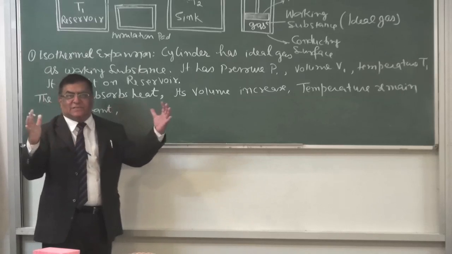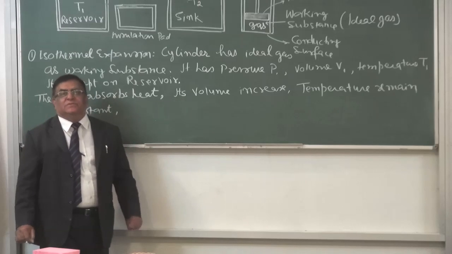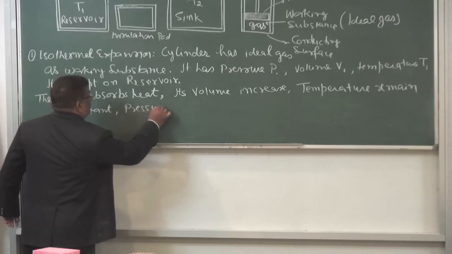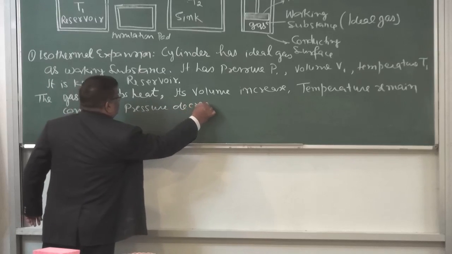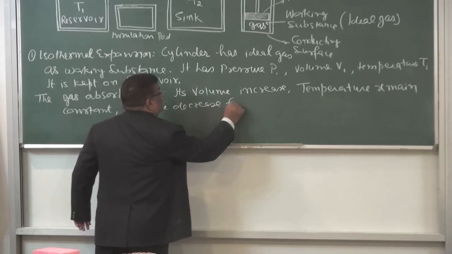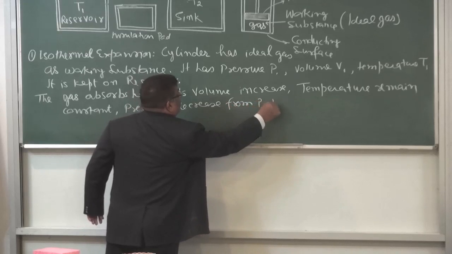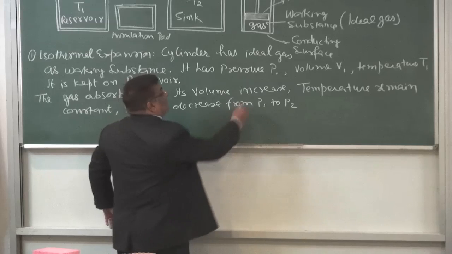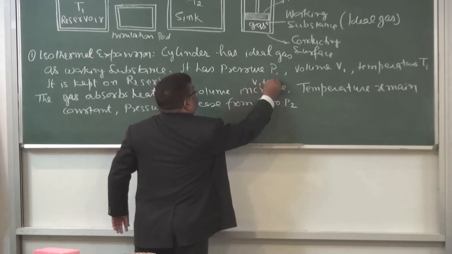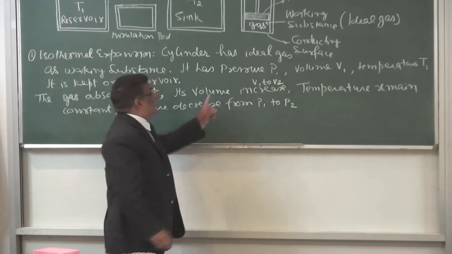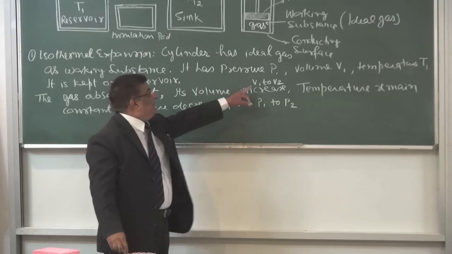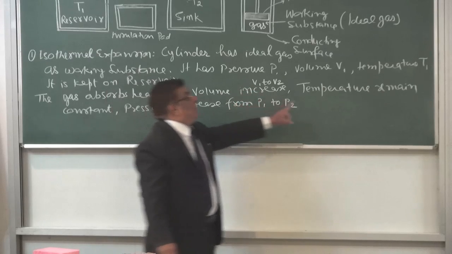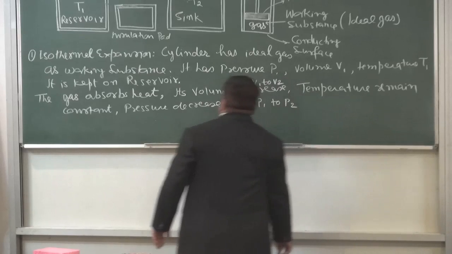When volume expands, the pressure decreases from P1 to P2. Volume increases from V1 to V2. Pressure decreases P1 to P2, and the temperature remains constant, that is T1.